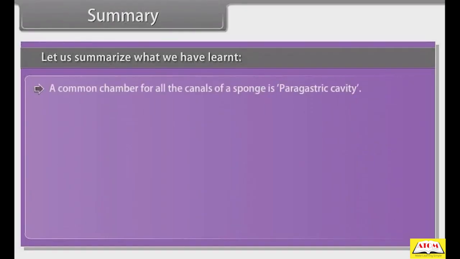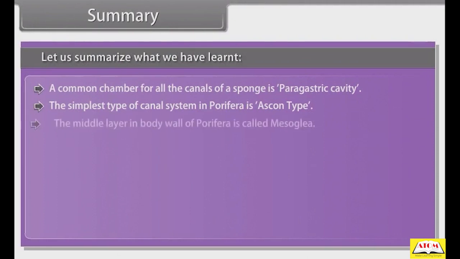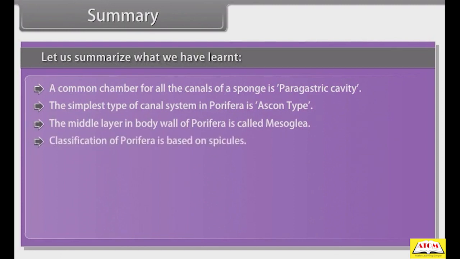A common chamber for all the canals of sponge is paragastric cavity. The simplest type of canal system in Porifera is Ascon type. The middle layer in body wall of Porifera is called mesoglea. Classification of Porifera is based on spicules.